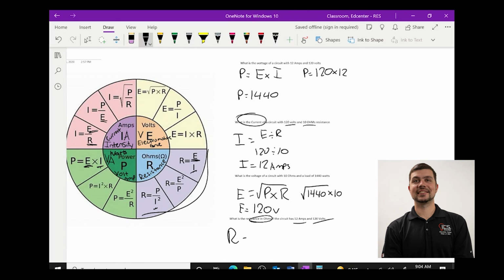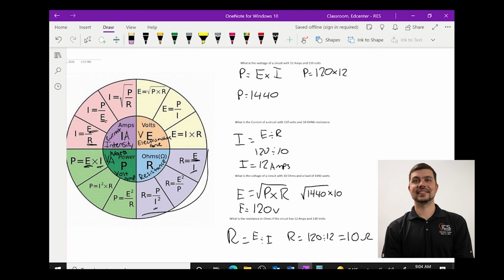The R equals E divided by I, or R equals 120 divided by 12. 10 ohms.